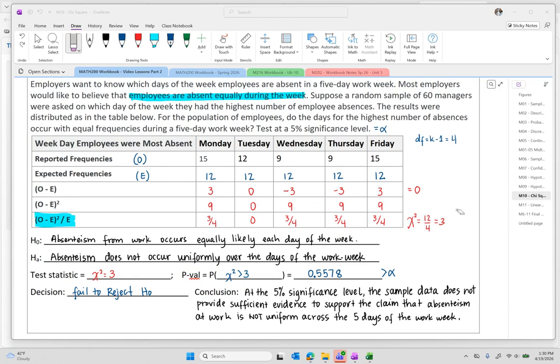So my decision is that I fail to reject the null hypothesis, and my conclusion is that at the 5% significance level, the sample data does not provide evidence to support the alternative hypothesis, which is the claim that absenteeism at work is not uniform across the 5 days of the work week.